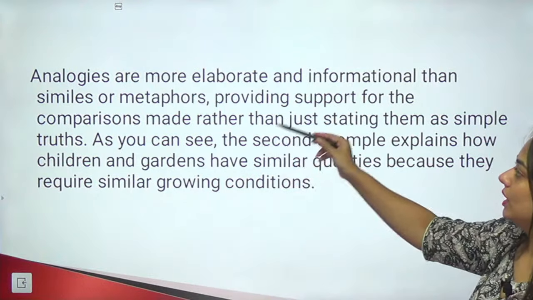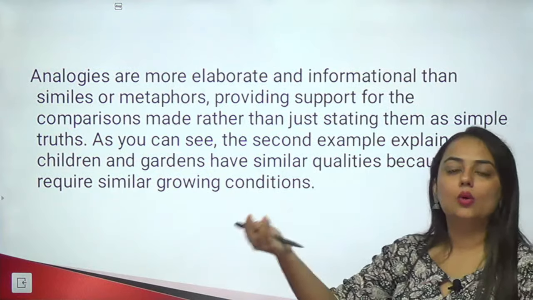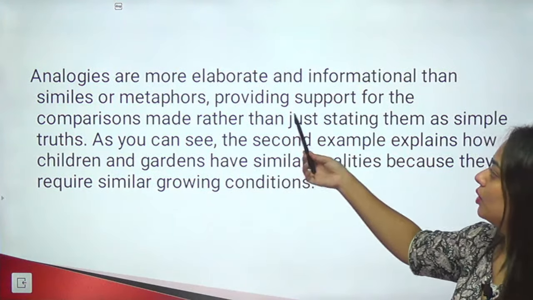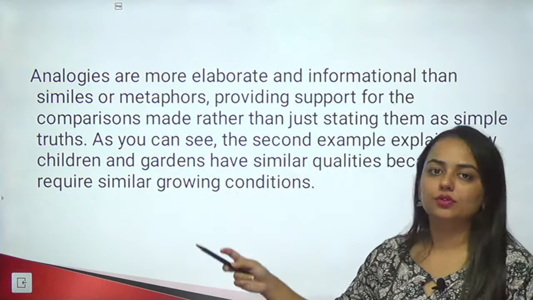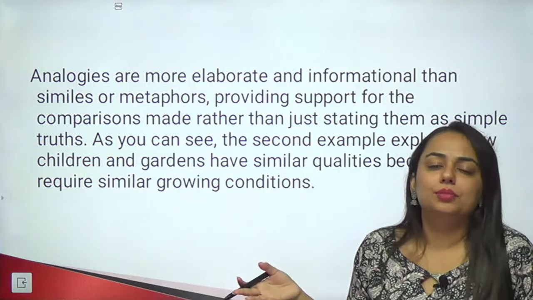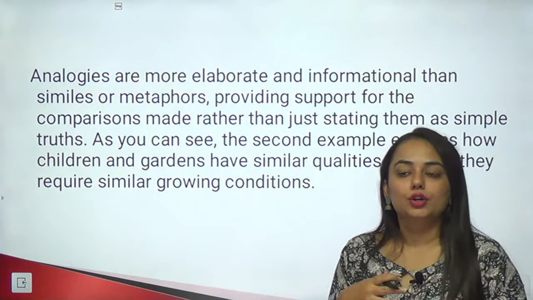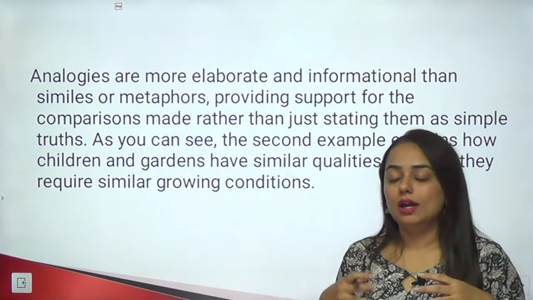Analogies are more elaborate now. Further, elaborating this point that how analogies is different from simile or metaphor. So analogies are more elaborate and informational than similes or metaphors. In similes or metaphors, you may have two ideas, two objects, two subjects being compared, but analogies are elaborate.